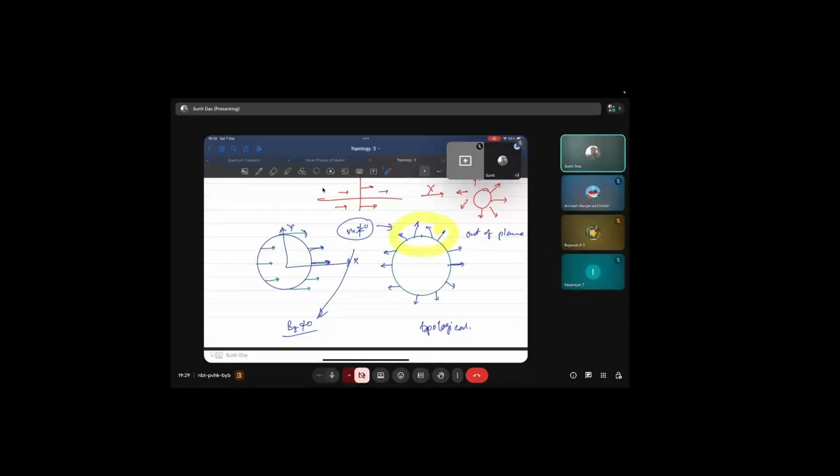So although the bulk is a gapped insulator, the physical edge of the sample carries current, so that you get some Hall response. In the remaining time, we want to understand a little bit of that: what we call bulk boundary correspondence, how the edge state appears, and what its features are.